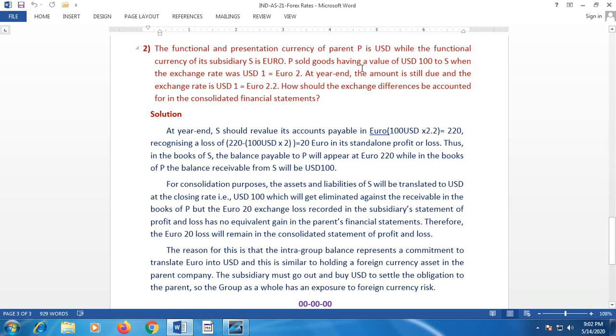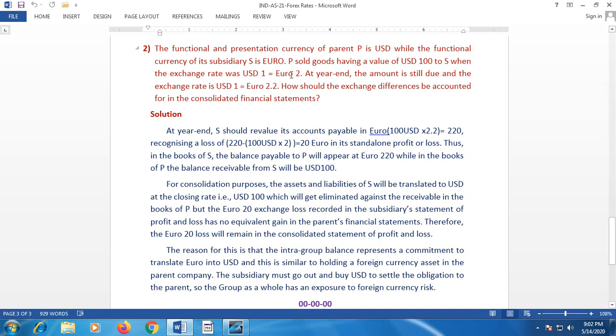P sold goods having value of US dollar 100 to S when the exchange rate was US dollar 1 equals Euro 2. At the year end, the amount is still due and the exchange rate of US dollar 1 equals Euro 2.2. The exchange rate differs.